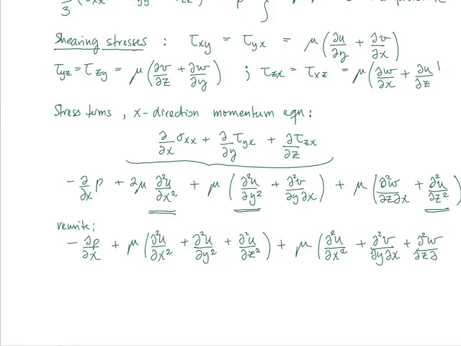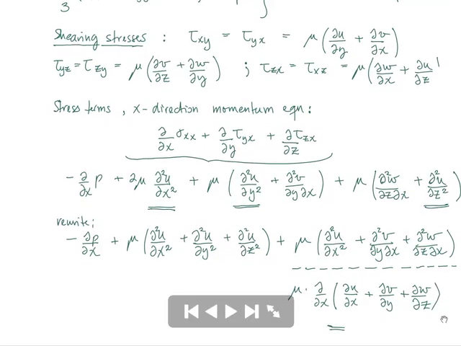So notice that this whole term I can rewrite this way: mu times d dx of du dx plus dv dy plus dw dz.